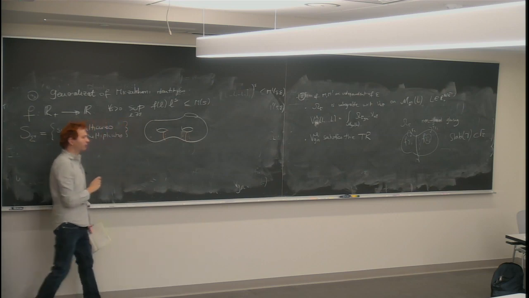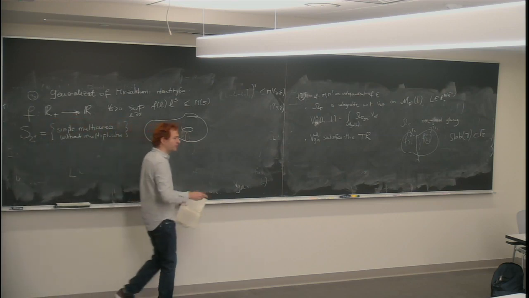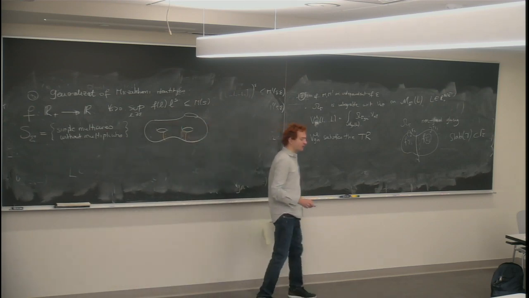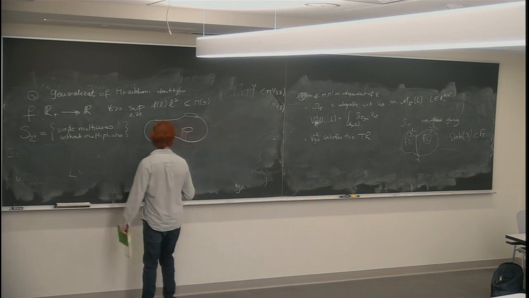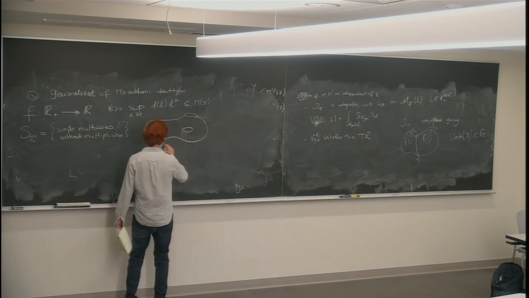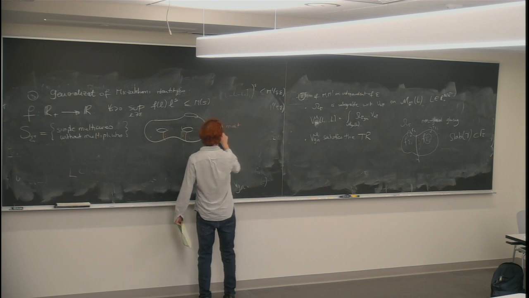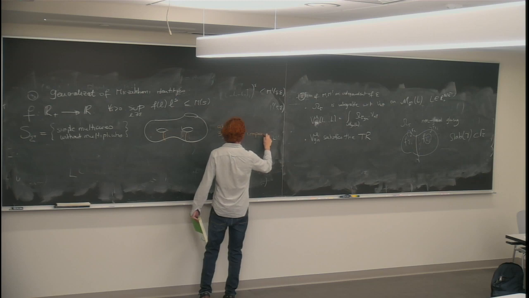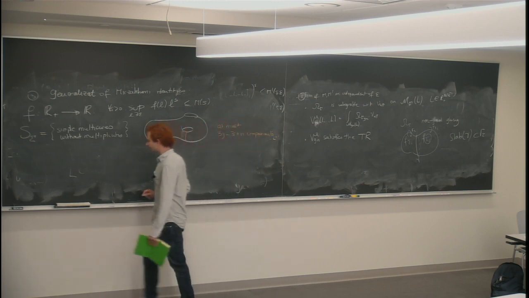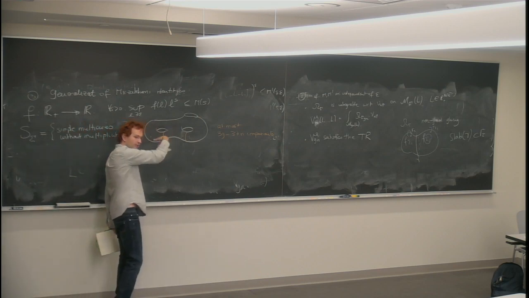So the maximum number of components I can have is 3g minus 3 plus n, because when I remove them, it cuts the surface into pairs of pants, and in a pair of pants we don't have any such multicurve. So this is an example with two components, and they have at most 3g minus 3 plus n components. Without multiplicity just means that I'm not going over several times.